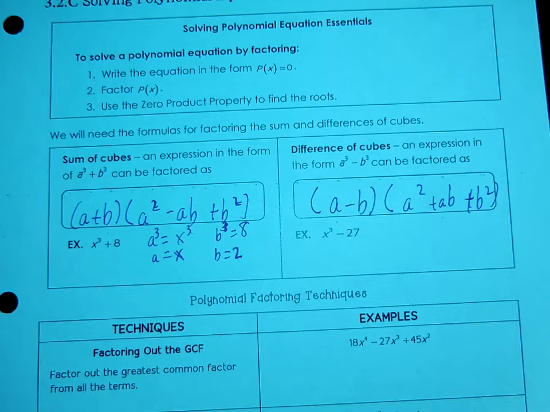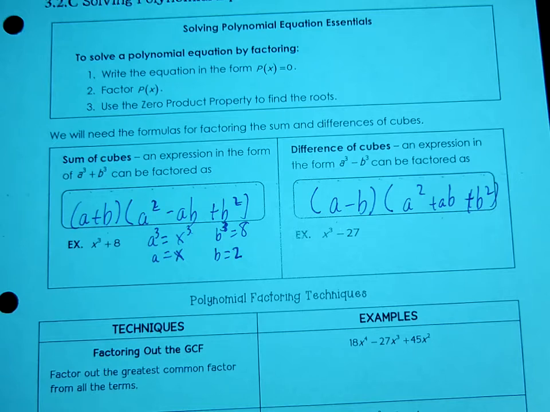Or 3 times 3 times 3. 3 times 3 is 9, times another 3 is 27. 4 times 4 times 4. 4 times 4 is 16, and 16 times 4 is 64. So the cube root of 64 is 4, the cube root of 27 is 3, and the cube root of 8 is 2. That's kind of how I think about these things.